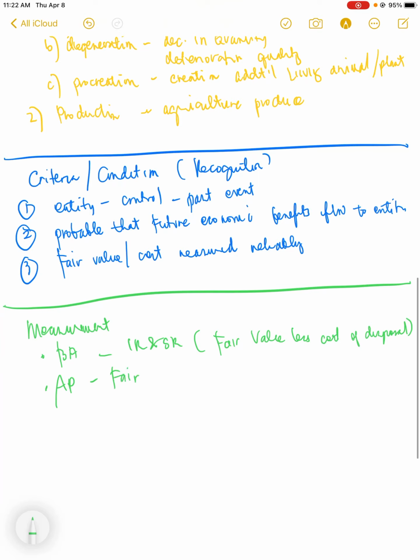Same din. Okay, fair value less cost to sell, or cost of disposal. And please take note, ito po ay sa point of harvest. This is fair value less cost of disposal na applicable to agricultural produce, even to the agricultural produce of growing bearer plants. Okay?